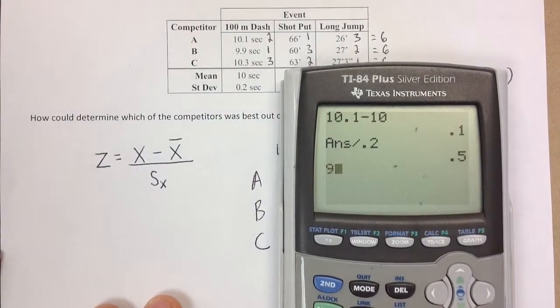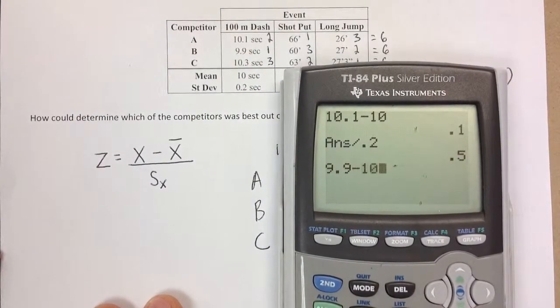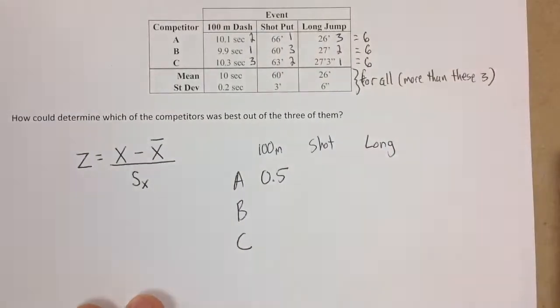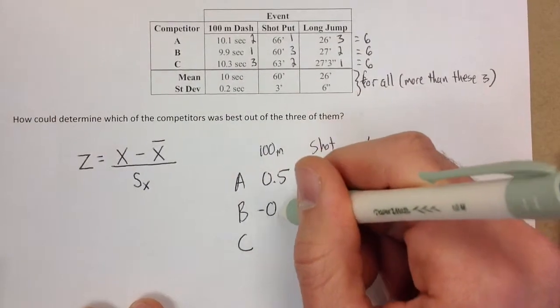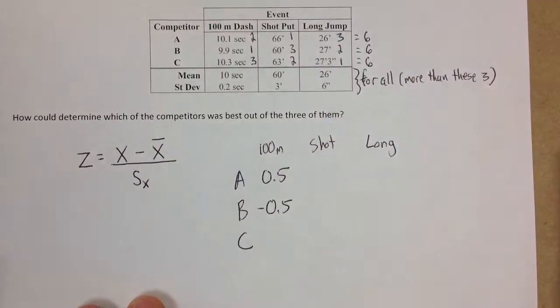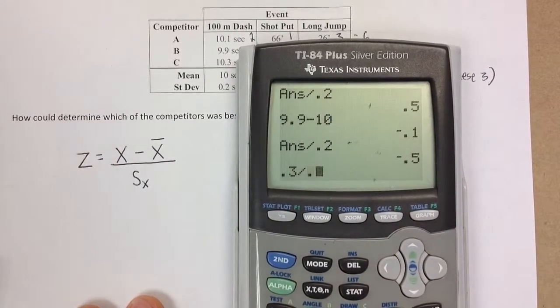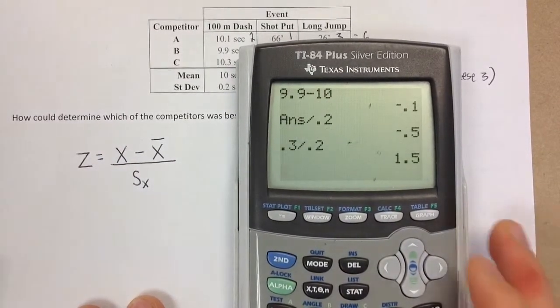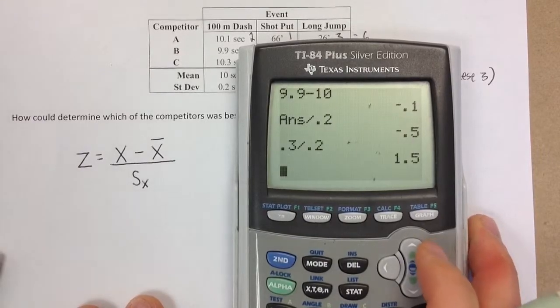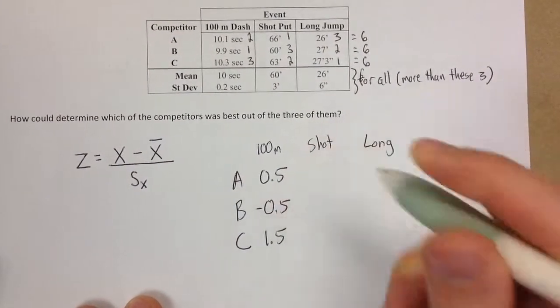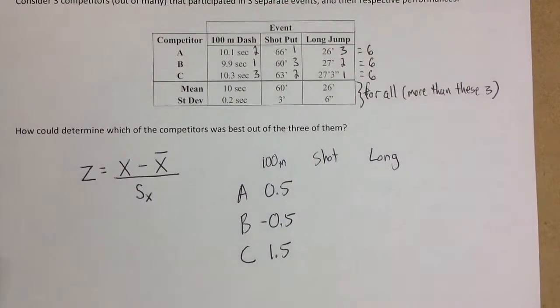Hopefully you can see that, but if not, just do the calculation. And then competitor C is 1.5 standard deviations above the mean. That's a big deal. It's a very good performance.